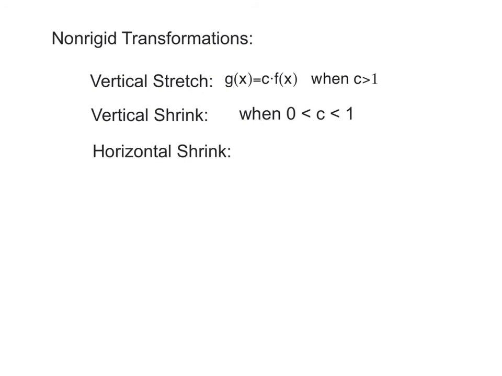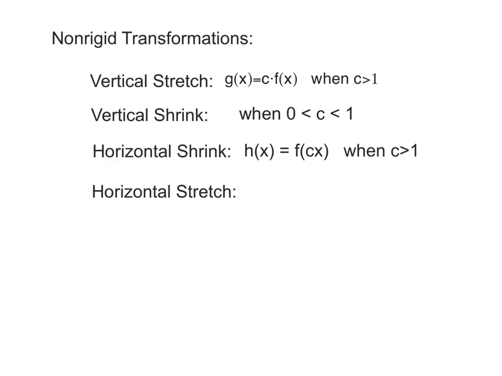So obviously, if we have vertical stretch and vertical shrink, we are also going to have horizontal stretch and horizontal shrink. So this would be represented by h of x is equal to f of c times x, where c is greater than 1. So if we take whatever x is and we multiply it by a number greater than 1 and plug it in the function, we'll get h of x, and this will be horizontal shrink.